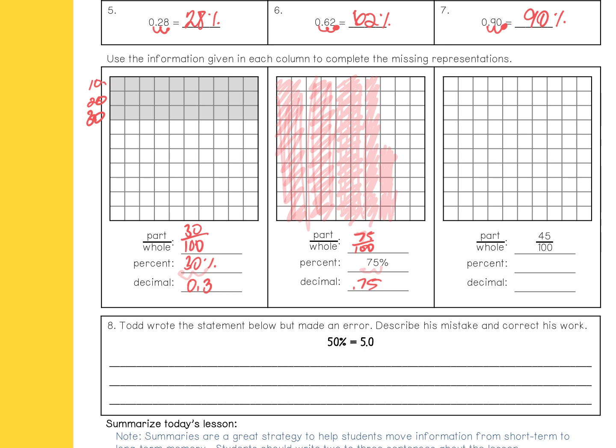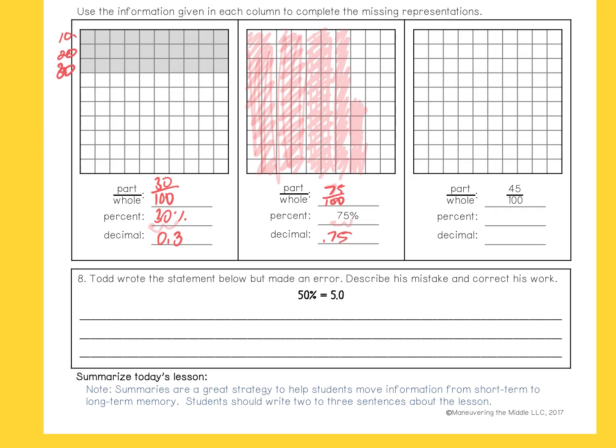Number 8 says, Todd wrote the statement below, but made an error. Describe his mistake and correct his work. Todd says that 50% equals 5 wholes. Tell me what the mistake is and correct his work. After that, you can glue these into your journals and write a summary about the lesson.